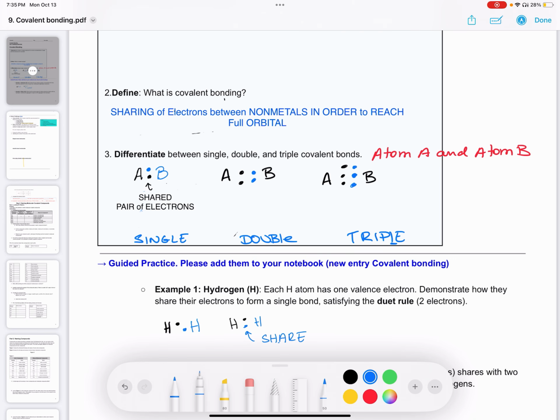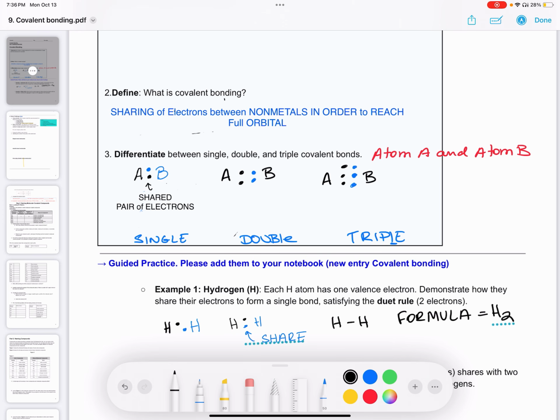And if I'm going to write it, I would write it like this. This has a formula as well. The formula would be H2. And this is a pair of electrons. Remember, for hydrogen, because it's small, it has a full orbital with two valence electrons. So those electrons are being shared between them.